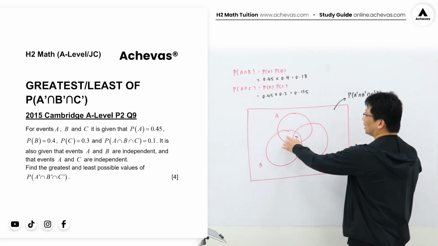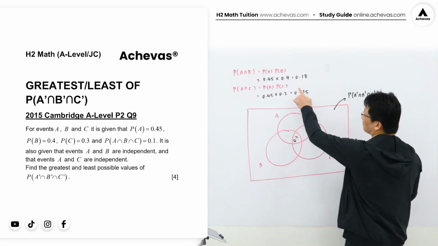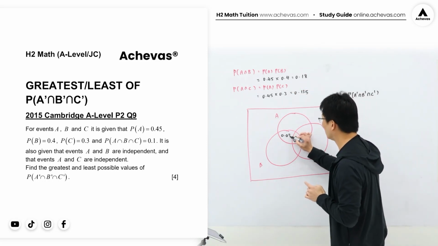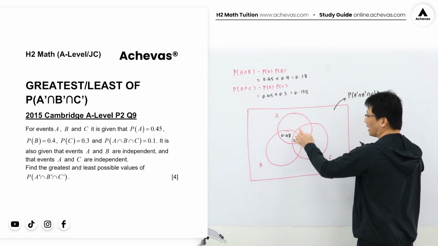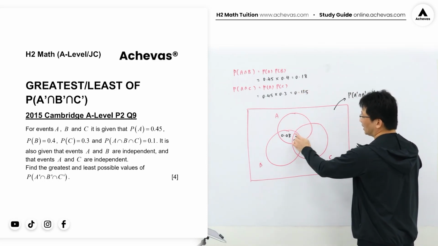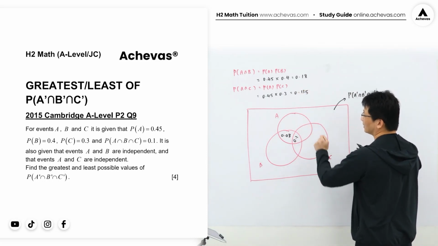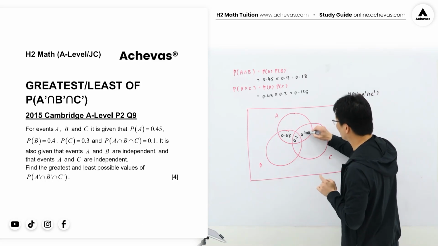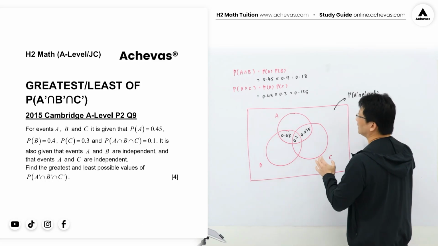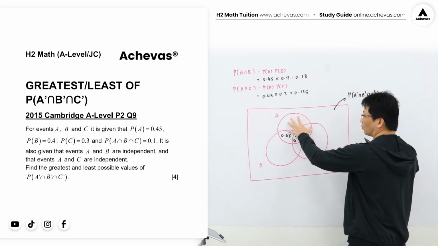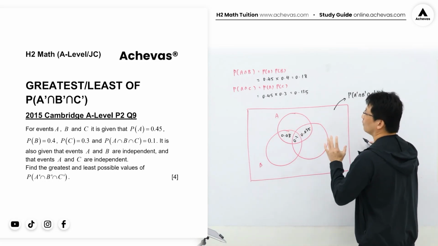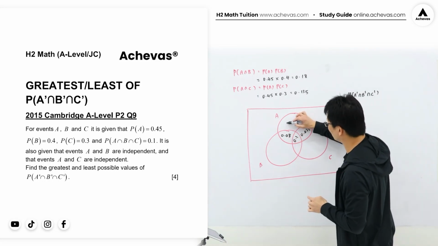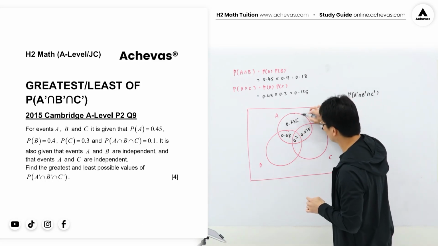This region, which is A intersect B, is 0.18, so I can work out this part to be 0.08, using 0.18 minus 0.1. Similarly, A intersect C is 0.135, so subtracting 0.1, I get 0.035. Since the probability of A is 0.45, I subtract these away and get 0.235.